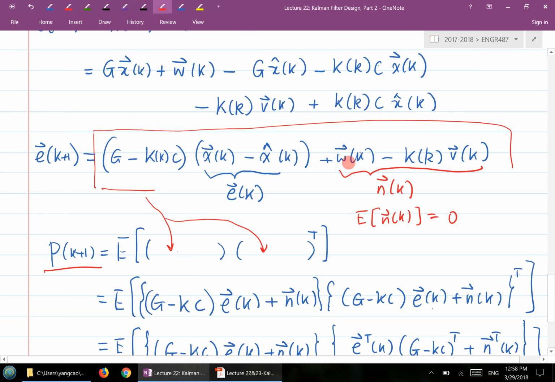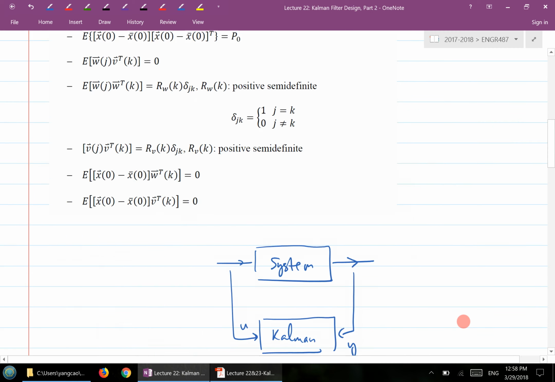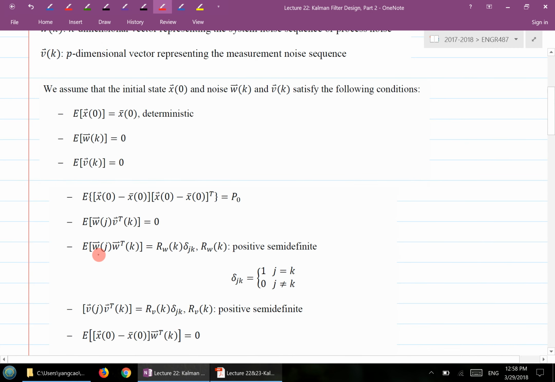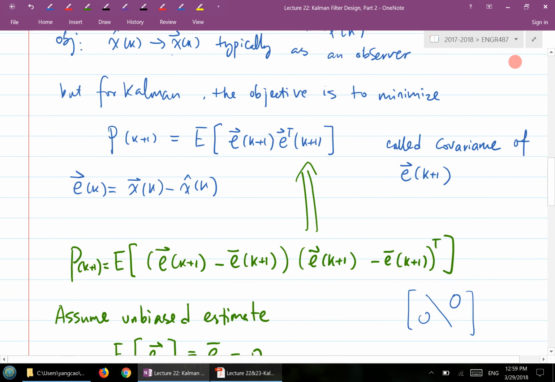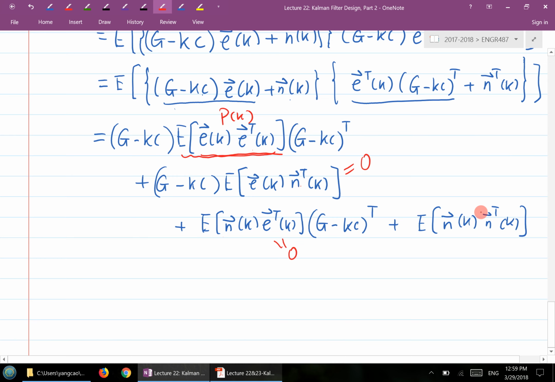But the expected value of w times w transpose is not 0. It's the covariance that is here. So essentially this term you can prove easily is equal to RW, which is the covariance of the process noise, plus the Kalman filter gain K times the covariance matrix of the sensor noise RV, times the Kalman filter gain K transpose.